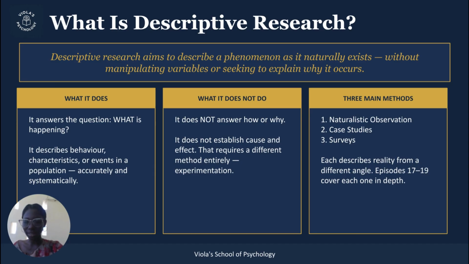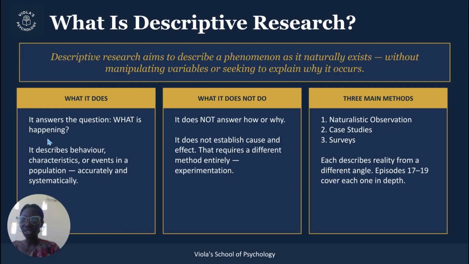So that means the way the phenomenon is, which is what we call the interest of the study. What the researcher is interested in studying, which is a phenomenon, should be at its natural state without any kind of manipulation or interference. So that's the goal of descriptive research. Okay.